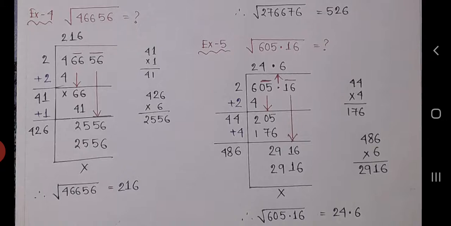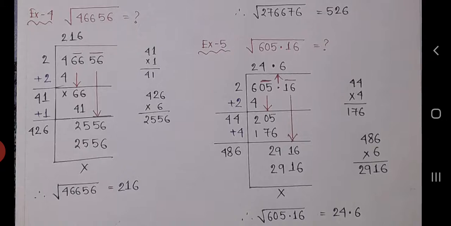You can see I have first grouped the digits in pairs starting from right to left, and next in similar process we take the first number 6 and find the perfect square less than 6, that is 4, as 2 square is 4, so we write 2 in the left and find the product of 2 and 2 as 4. Next in the similar process we add 2 with 2 and subtract 4 from 6.